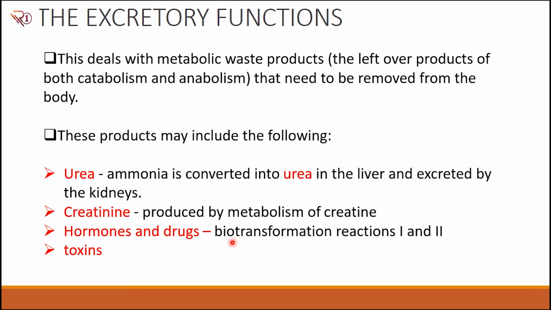And that's why we have biotransformation reactions 1 and 2. When we do drug metabolism, I shall tell you more about what biotransformation is really about. But it's simply converting insoluble drugs to soluble drugs for them to be excreted from the body. Then we have toxins.